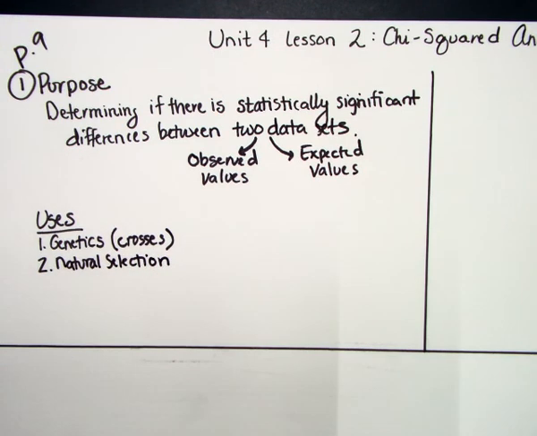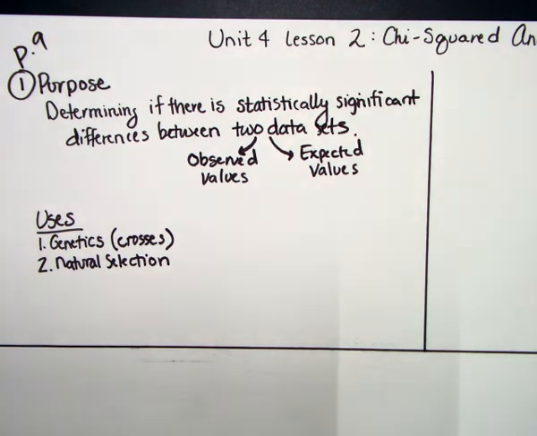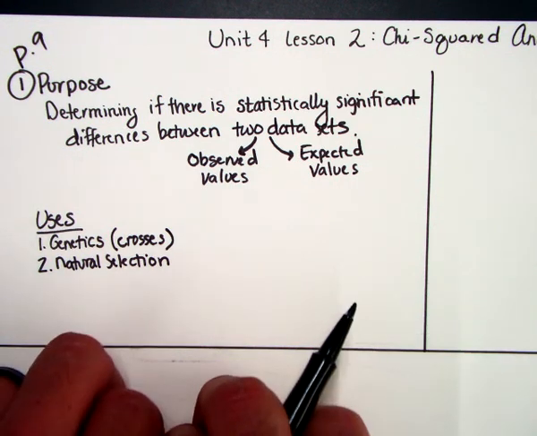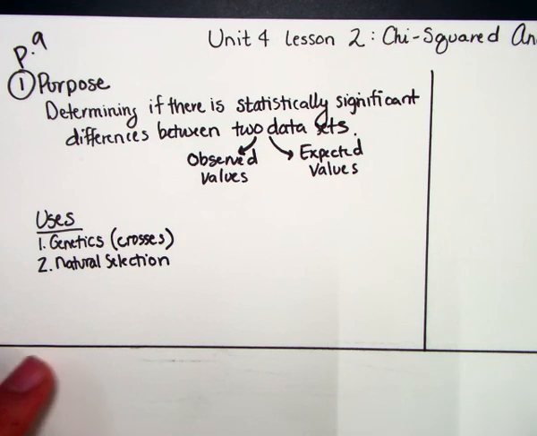When we are looking at two different populations, actually, for natural selection, we can look at, for a particular population, over time, if a selective pressure is impacting that population, if there are differences in a particular trait over time, we can use a chi-square test to determine if those differences are significant, which would suggest evolution is occurring.